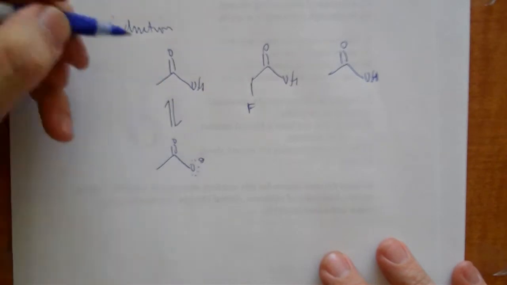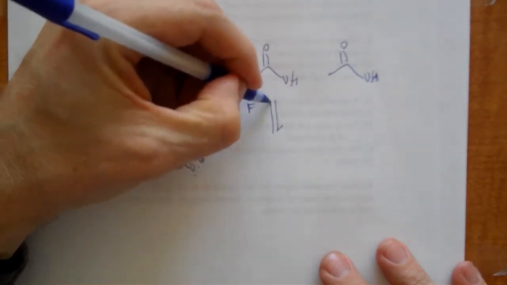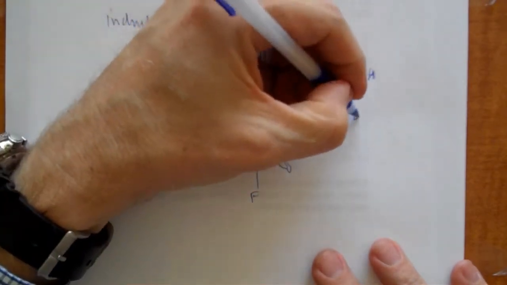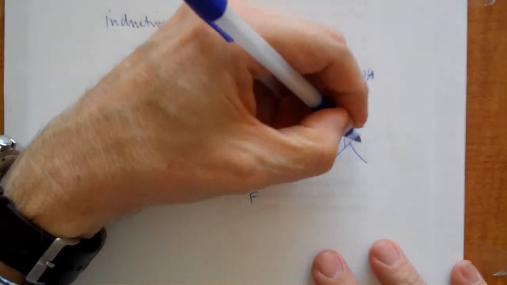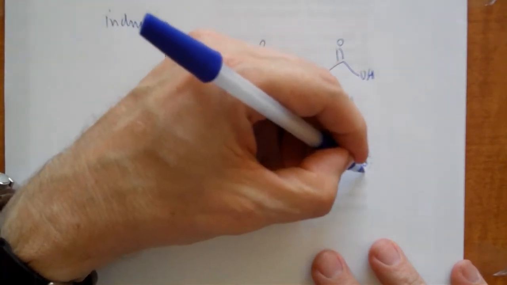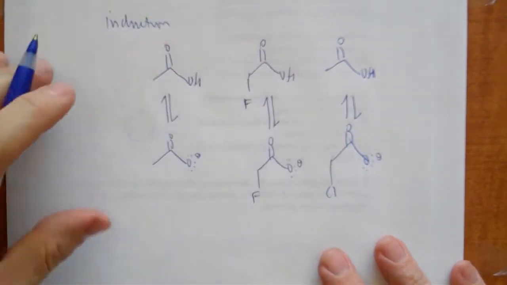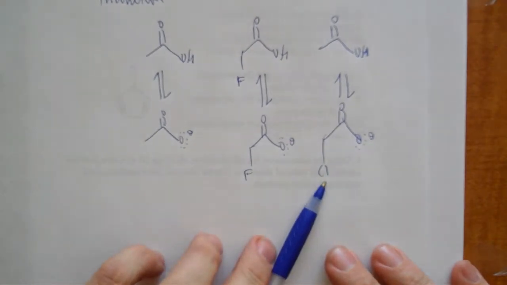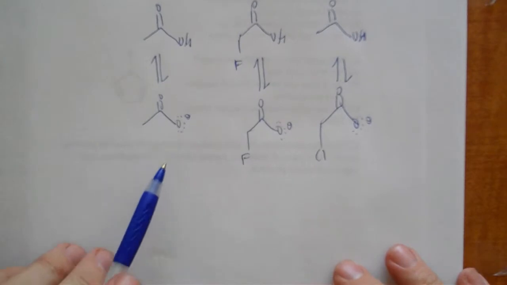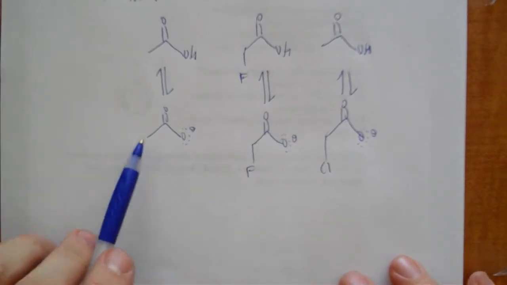So this is the conjugate base, and there's chloroacetic acid's conjugate base, which we'll call chloroacetate. Alright, and what we want to do is look at these structures.